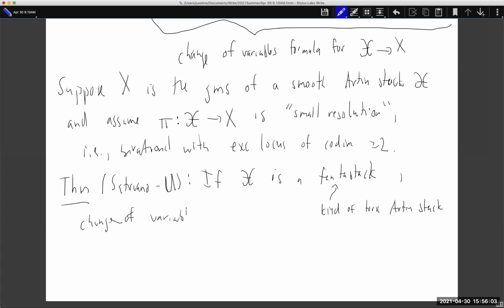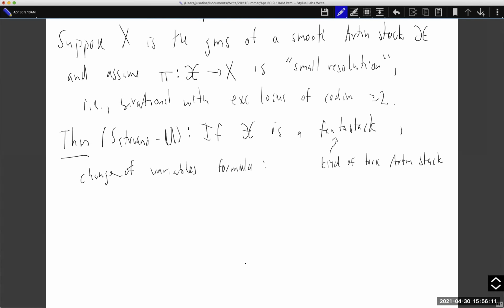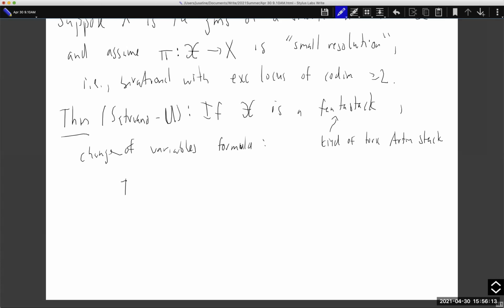And it looks like the following. So first of all, I want to look at the Gorenstein measure of some measurable subset of the arcs of X, and it's going to be related to, well, I take the pre-image of these arcs, and I get some arcs in the stack, and I take their motivic measure.